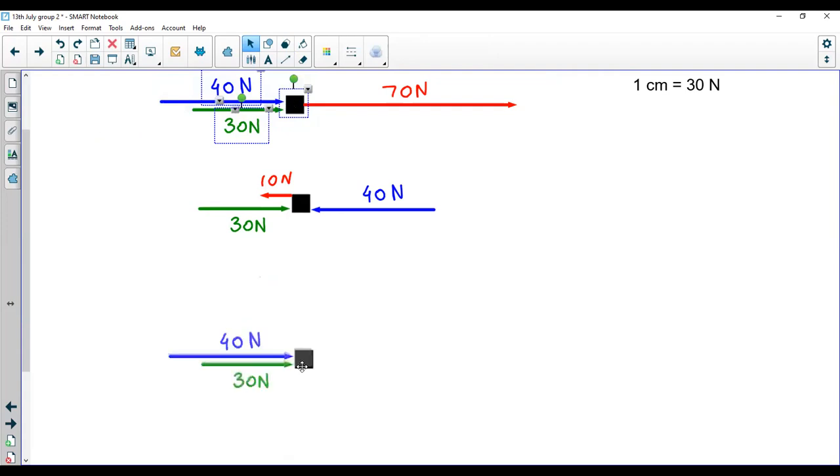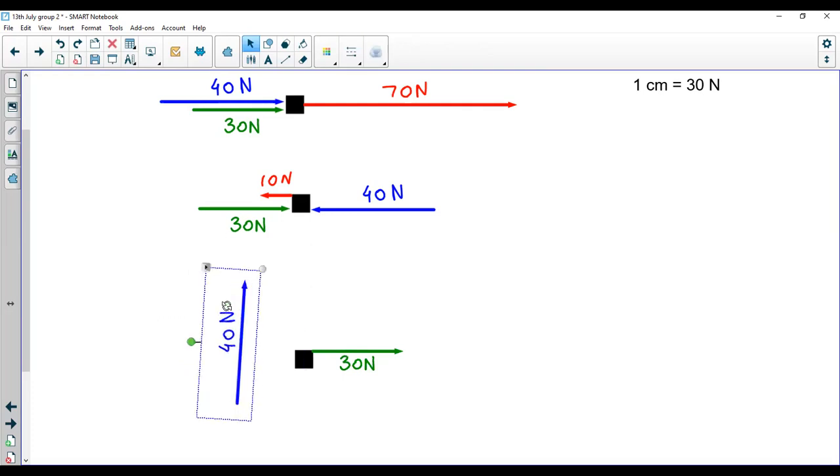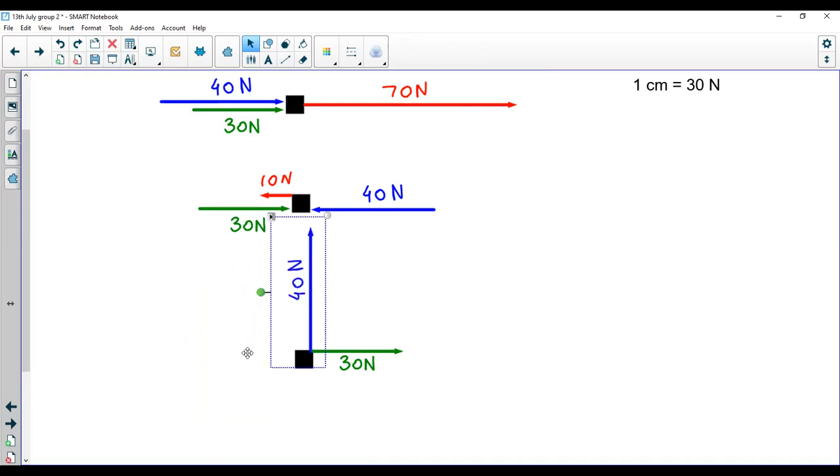This time, instead of pushing, I say that we pull it 30 Newton to the right, and with a force of 40 Newton upward. So what will be the resultant now?